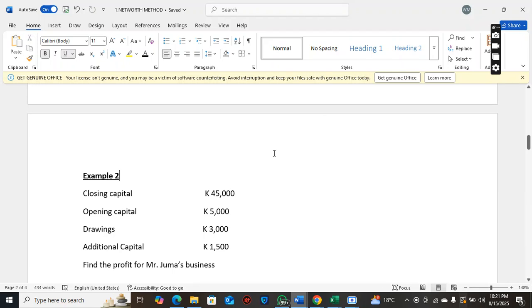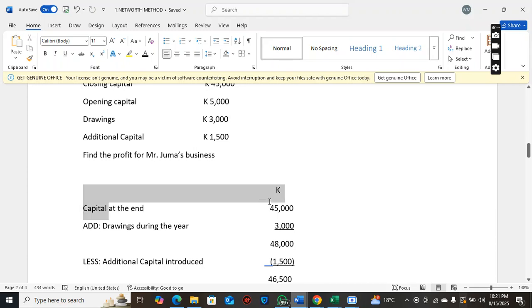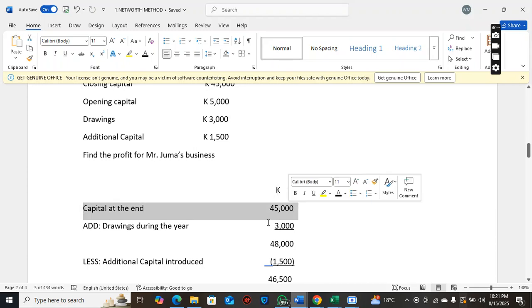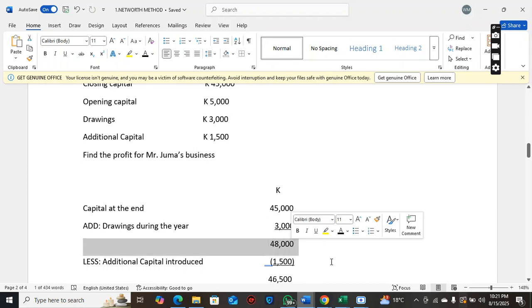Okay. Now we've got a second example. Closing capital 45,000. Opening capital 5,000. Drawings 3,000. Additional capital 1,500. Find the profit. So you begin again. Capital at the end 45,000. Add drawings 3,000. 45 plus 3,000, 48,000.